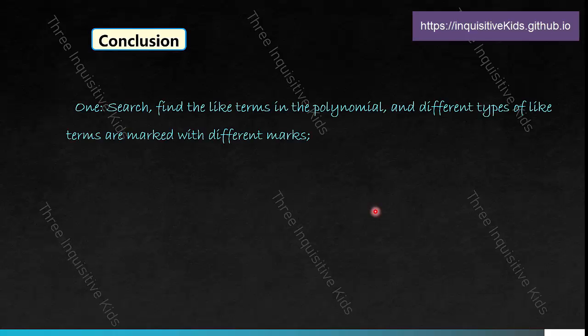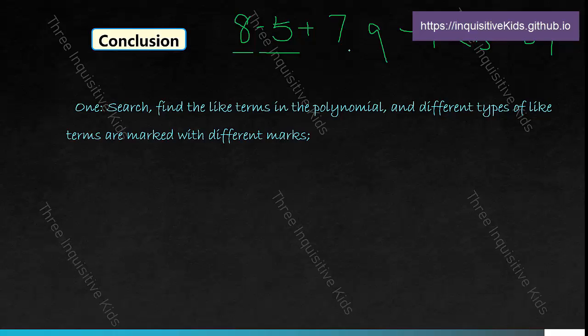Now here's the conclusion. 1. Search. Find the like terms in the polynomial, and different types of like terms are marked with different marks. For example, if you have a very simple polynomial like 8 minus 5 plus 7q minus 12b minus 6q, to mark them, you could say the constant terms, I'm going to mark them with straight lines.